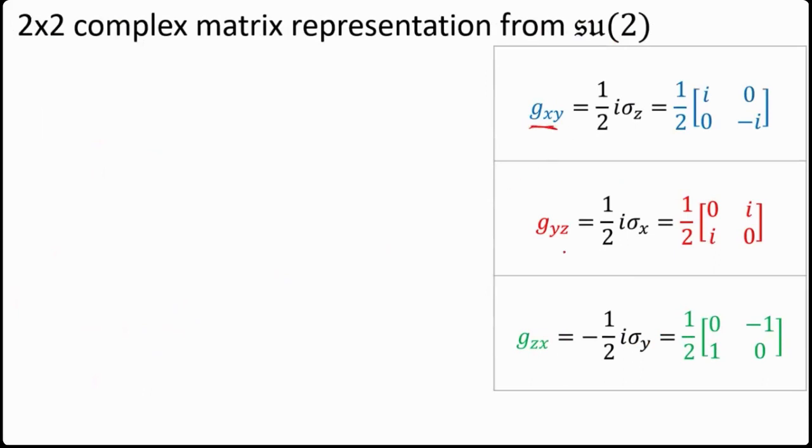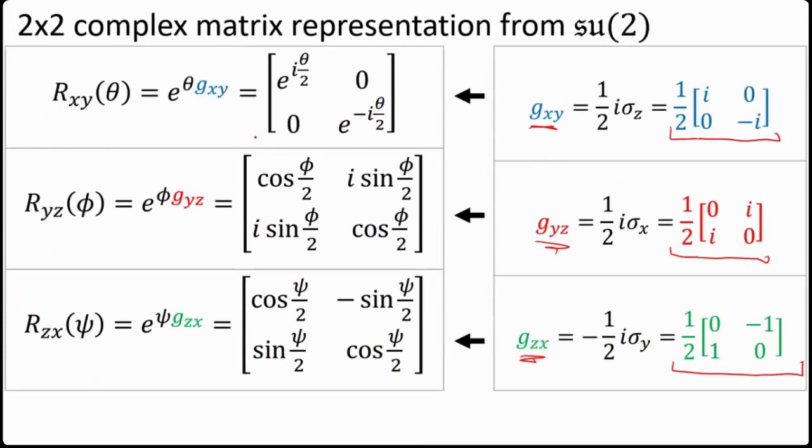Yeah, so these generators, which you can see here, satisfy the same commutator relationship, but instead of being 3x3 real matrices, they're 2x2 complex matrices. And they generate these matrices, which are SU2. So we saw these when we were rotating spinor states.